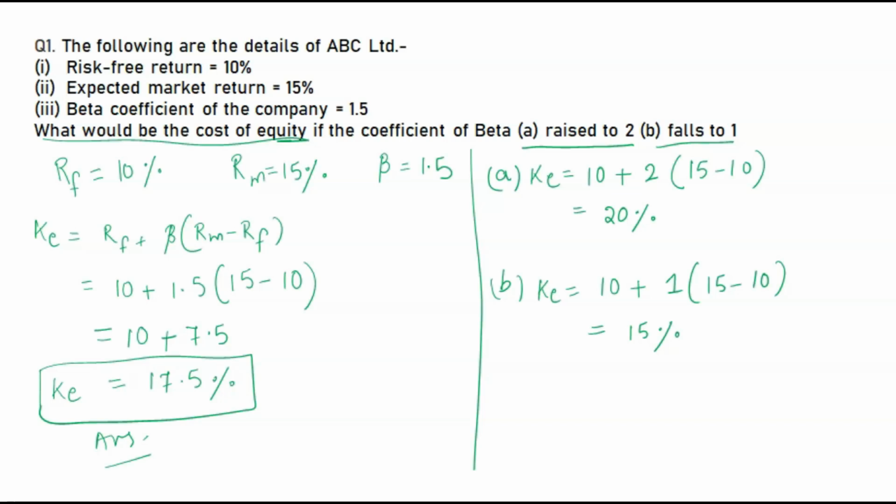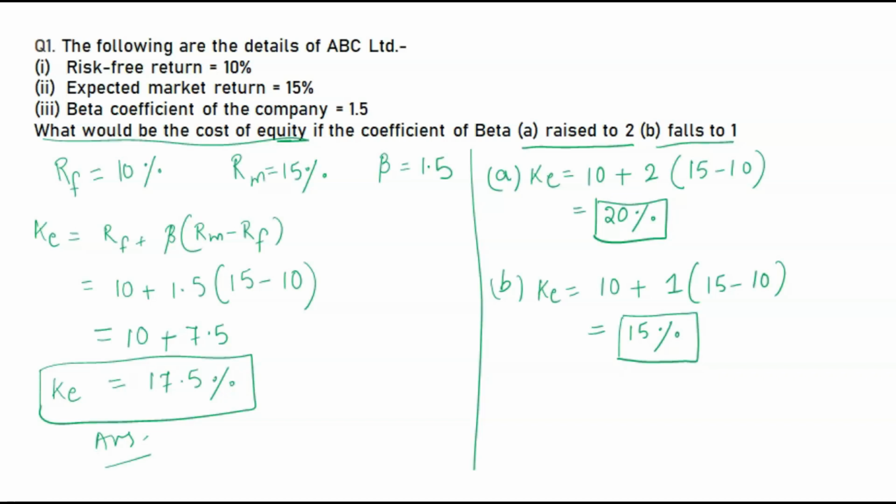In part A, when beta is increased to 2, the cost of equity also increases, from 17.5 to 20%. Then when beta is reduced to 1, from 1.5, we get a cost of equity of 15%.